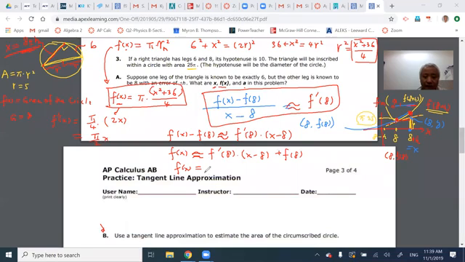This is the derivative. But here, we want the derivative at x equals 8. So that means you have pi over 2 times 8 plugged in here, and times (x minus 8) plus f(8) from here.